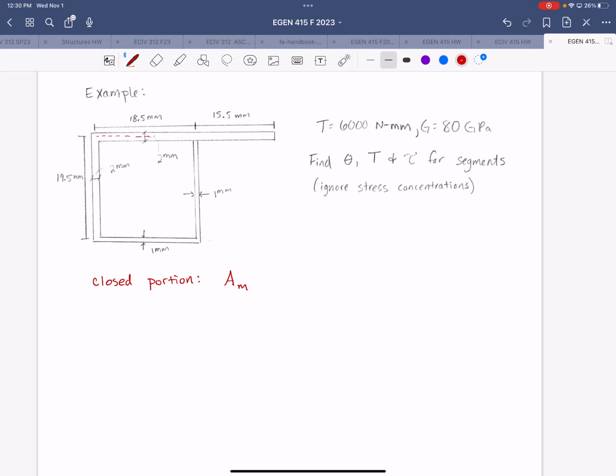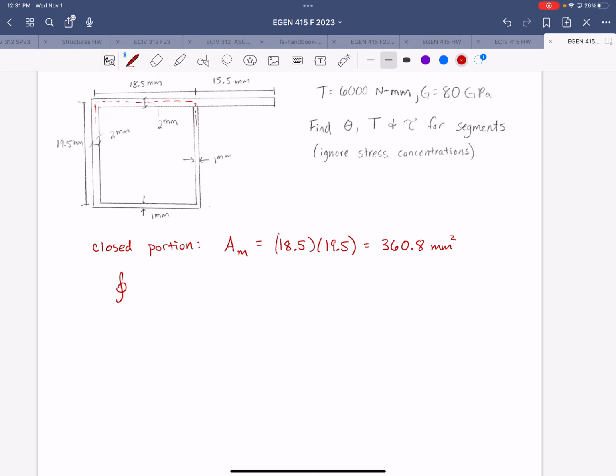That median line is only for that closed portion. Since the dimensions given are center to center dimensions, we can use those directly. So 18.5 times 19.5 gives us that enclosed portion, and that's 360.8 square millimeters.